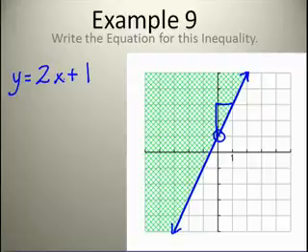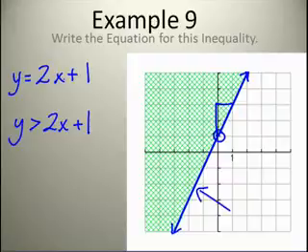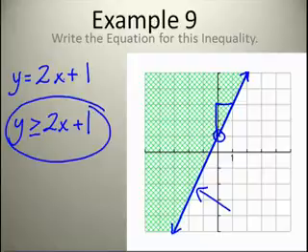So I know that this is going to be y is greater than 2x plus 1. In addition to that, though, I need to decide if it should be greater than or equal to. And because my line over here is solid, it does have to be equal to. So here's the inequality of this graph.